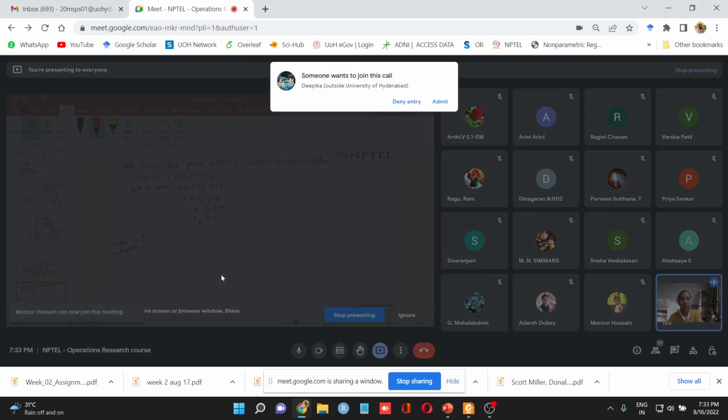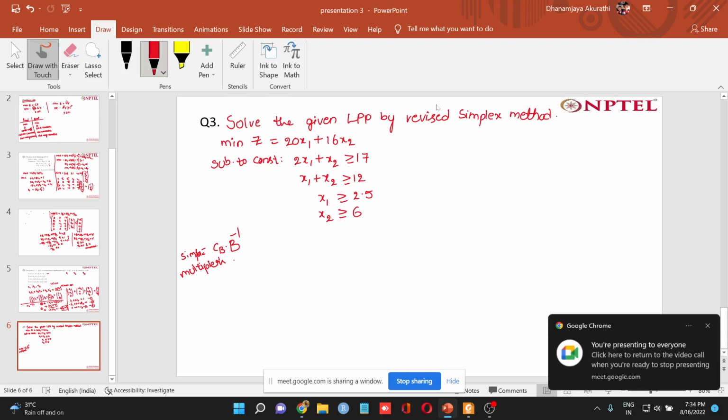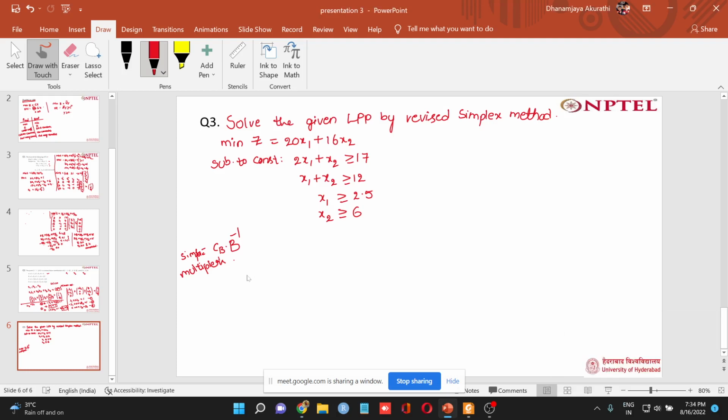Why? Because the duality theory will come in the forthcoming weeks, how the simplex multipliers can be used in it.